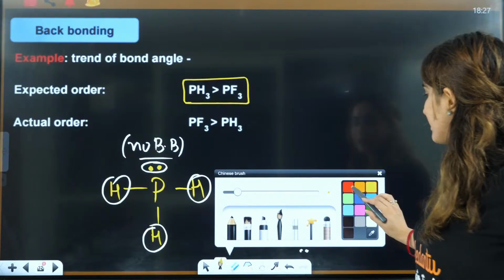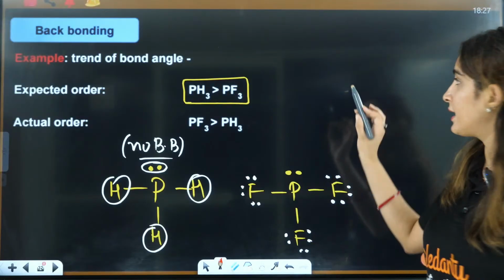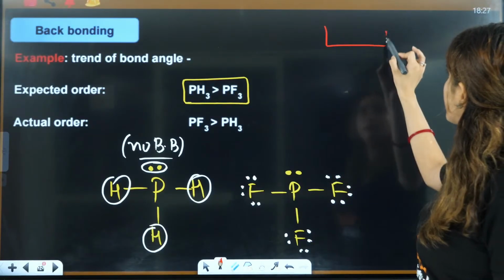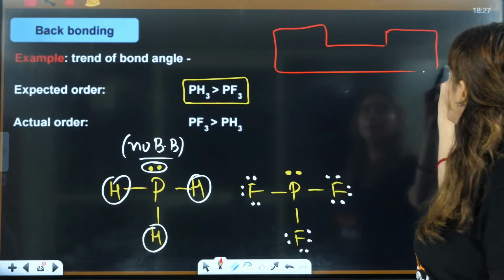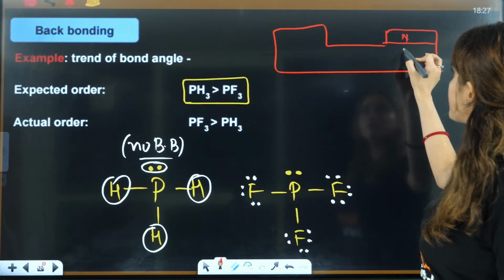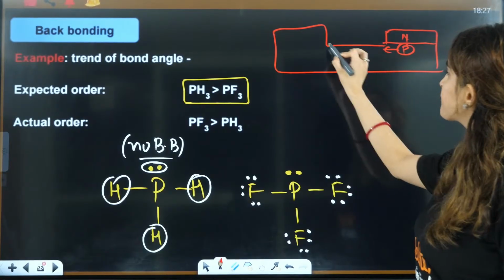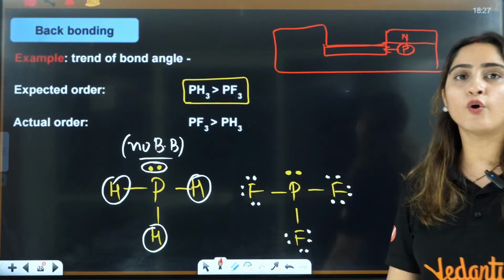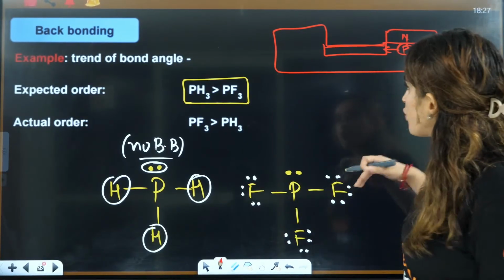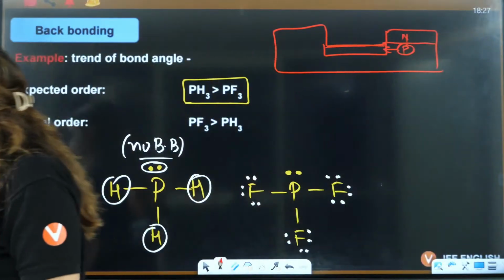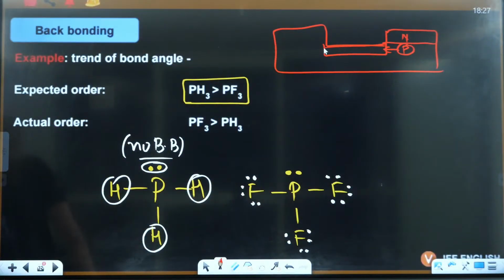Now understand one thing. If you see the periodic table, this is nitrogen, phosphorus. So in front of phosphorus you will see the d orbitals. Because of those d orbitals, it is going to accept the lone pairs. Okay everybody? Understood?